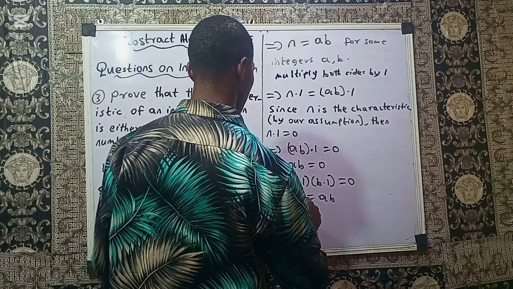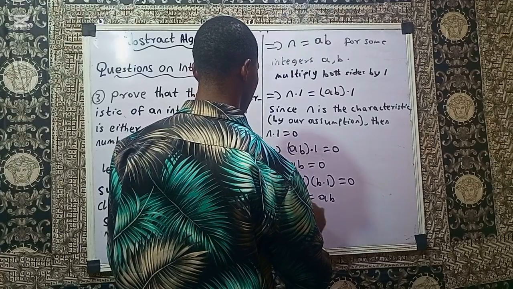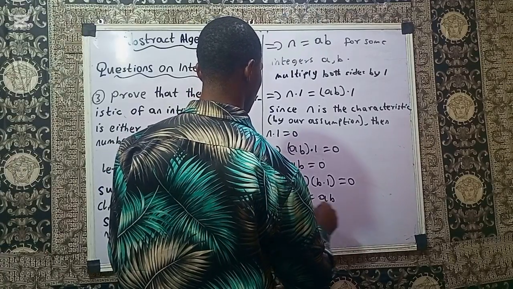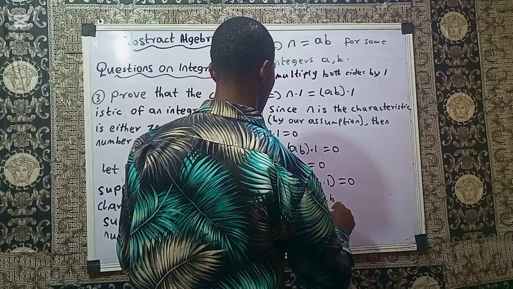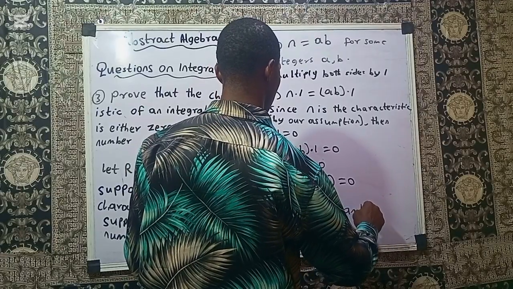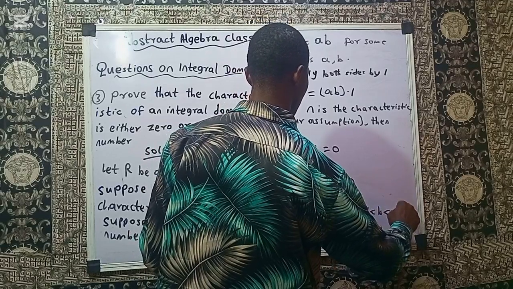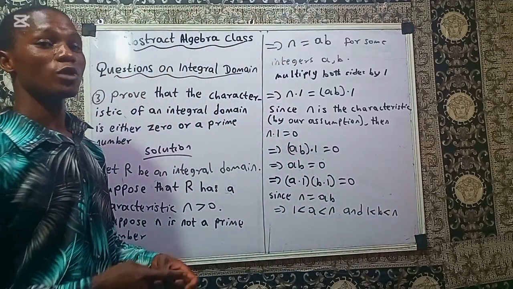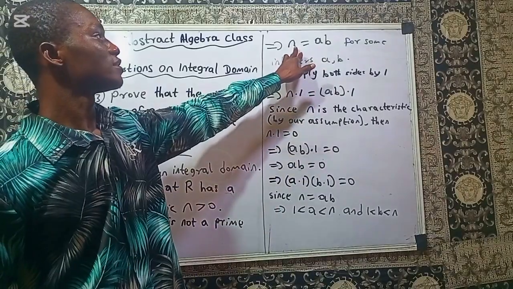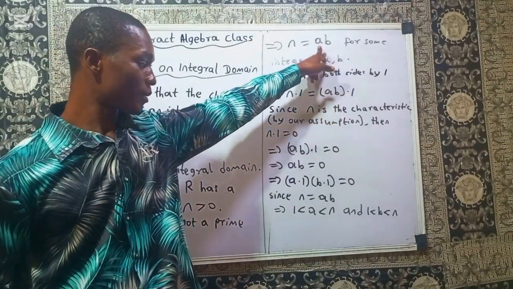This implies that 1 is less than a, less than n, and 1 is less than b, less than n. We have already said that n will be equal to a times b, since n is not a prime.